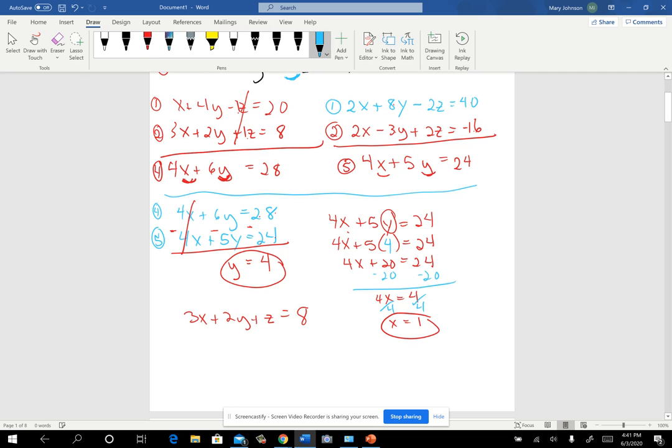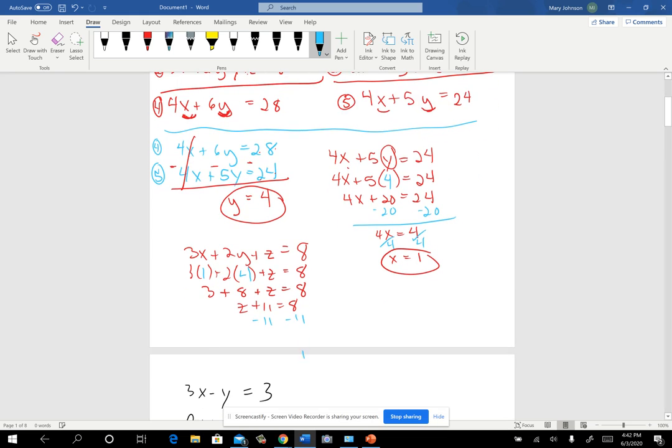And then I'm going to plug in the y, plug in the x, and work out what z equals. So that's 3 plus 8. So that's z plus 11 equaling 8. So when I take away 11 from both sides, I wind up getting that z would equal -3.